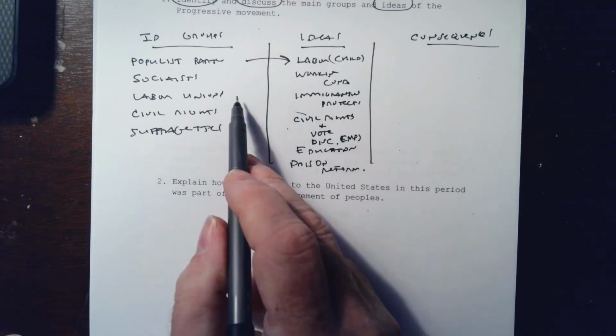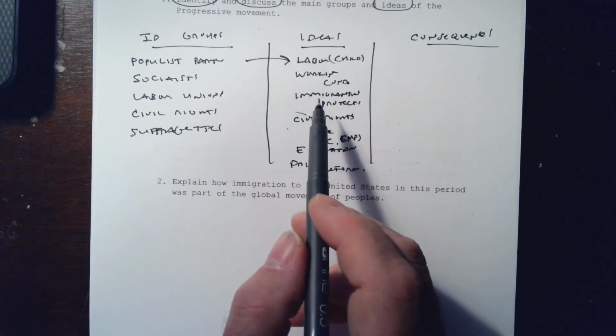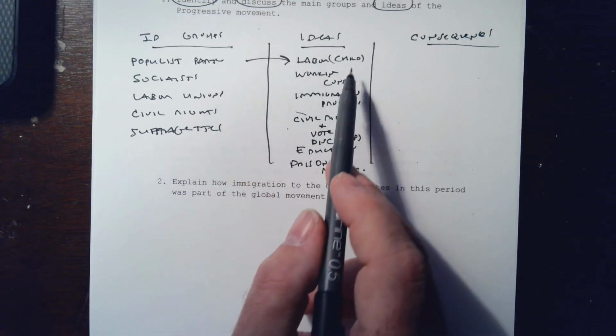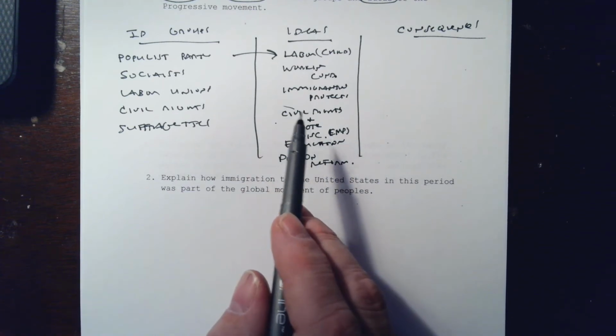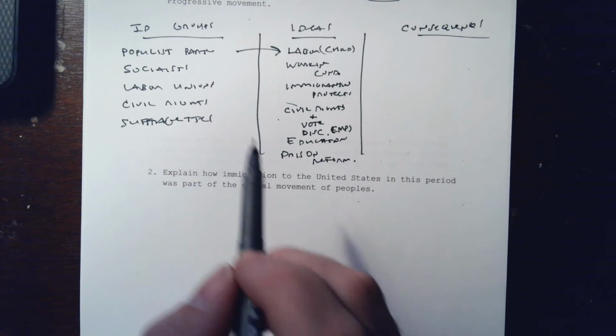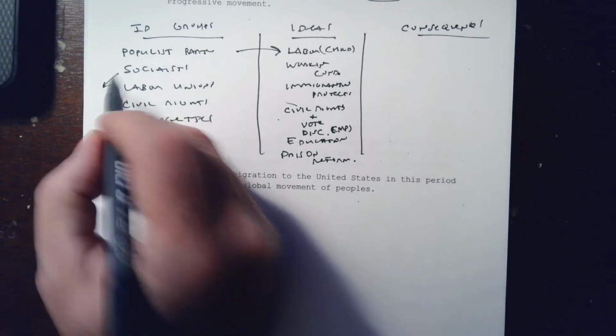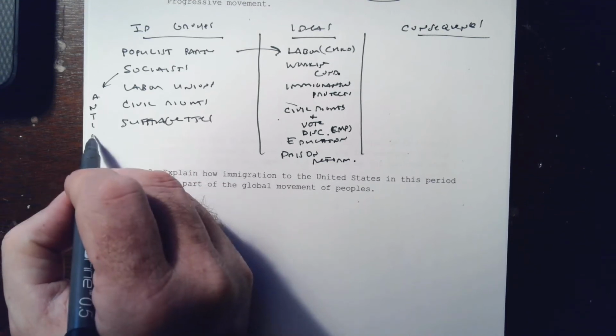Labor unions, just talk about working conditions, how bad they were. The socialists are pretty much going to be taking a look at all these. Now, the only thing with the socialists is they're going to have a much sharper argument, and it's going to be anti-capitalism.